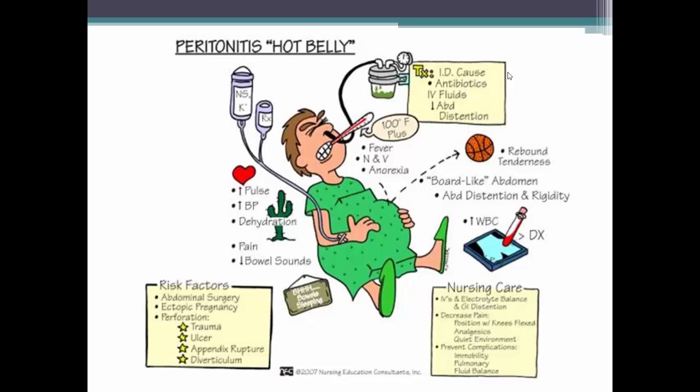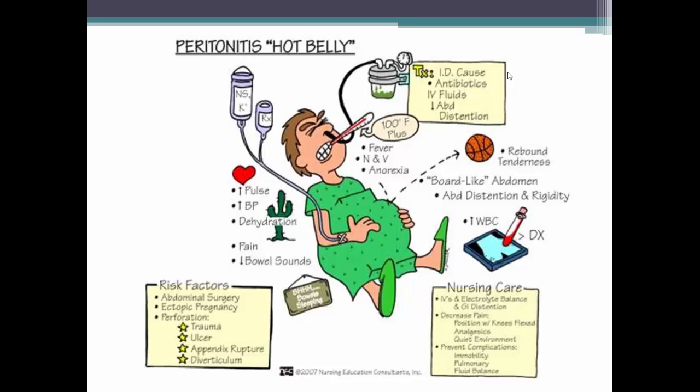So again, reviewing the risk factors: abdominal surgery, ectopic pregnancy, any perforation such as ulcer, appendix, diverticulum, or even trauma. Patients complain of sudden onset of abdominal pain, followed by leukocytosis, abdominal distension and rigidity, board-like abdomen, rebound tenderness.